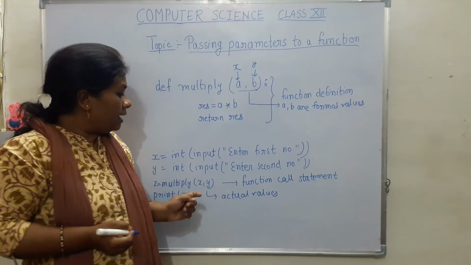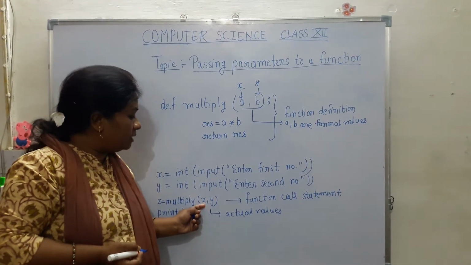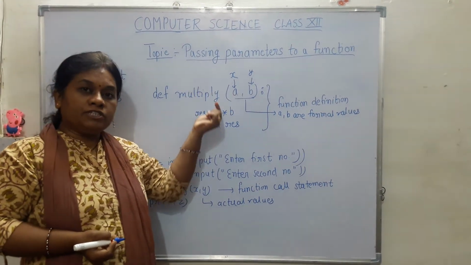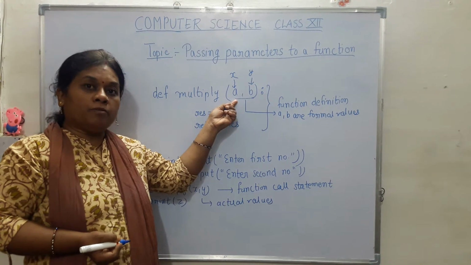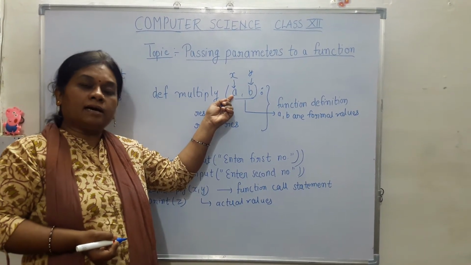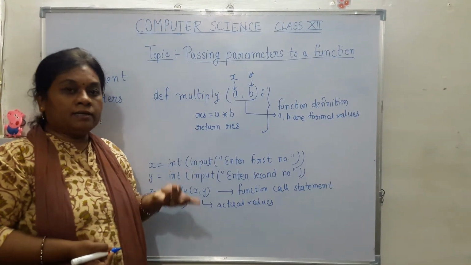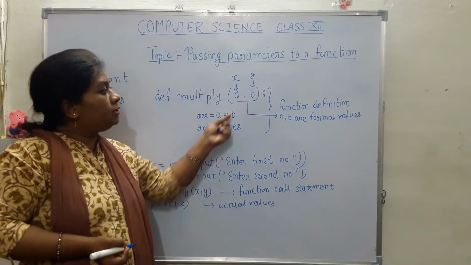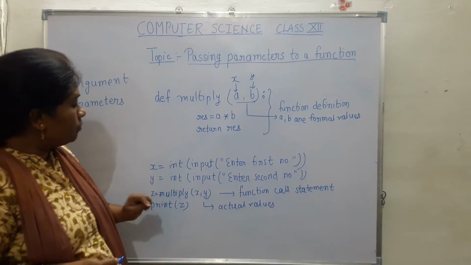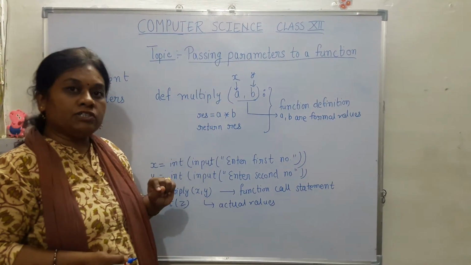So we can say that the variables that appear in a function call statement are the arguments, and the variables that appear in a function definition are formal arguments, or we can say these are parameters. Or in another term, these are actual values and these a and b are formal values.